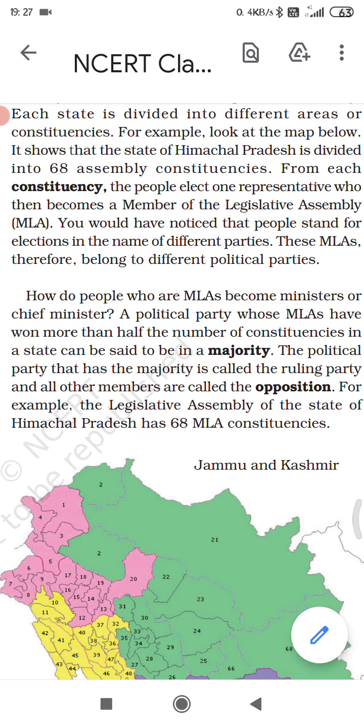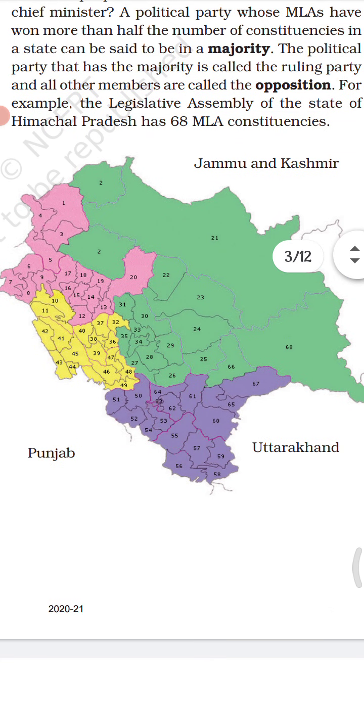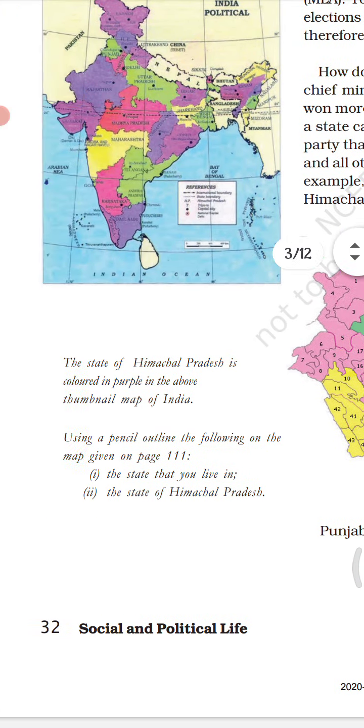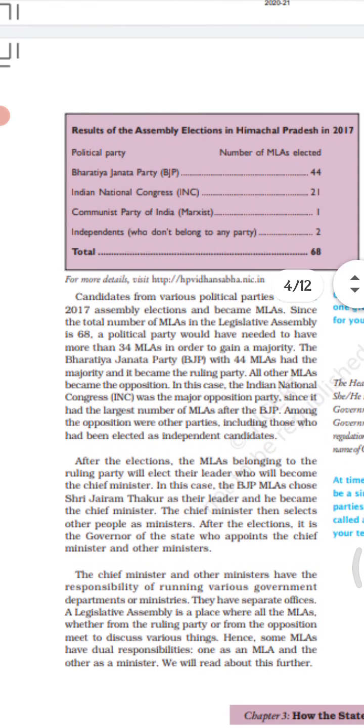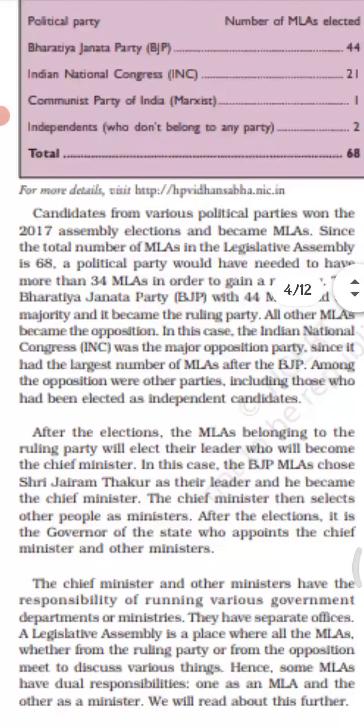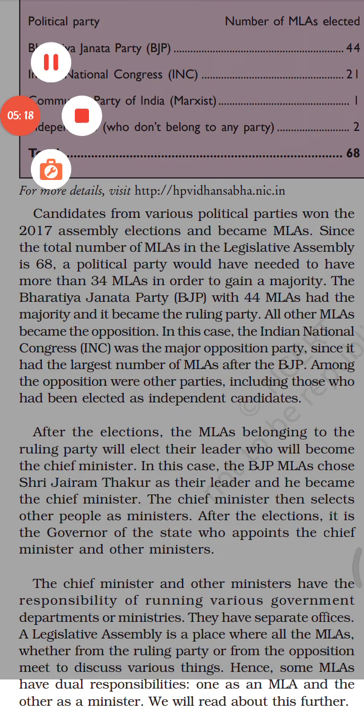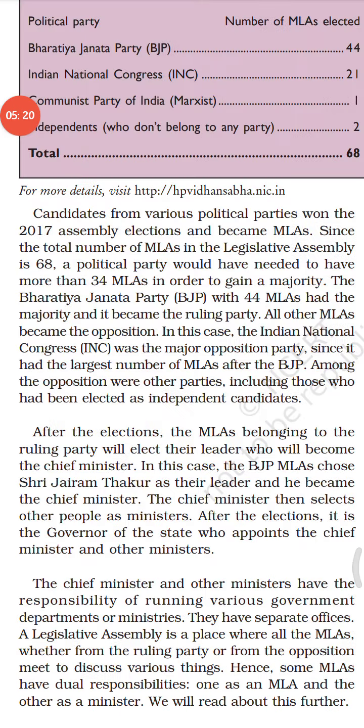For example, the Legislative Assembly of the state of Himachal Pradesh has 68 MLA constituencies. So this we have discussed. Candidates from various political parties won the 2017 assembly elections and became MLAs.